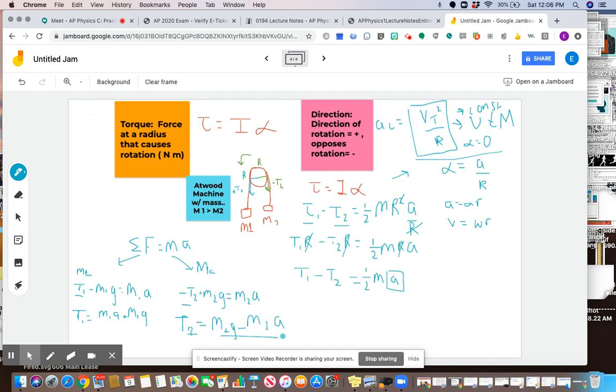Then we plug these back into our equation for the rotational equivalent. And then we solve for A. And remember that this is the mass of the pulley. We have to distribute that negative sign.